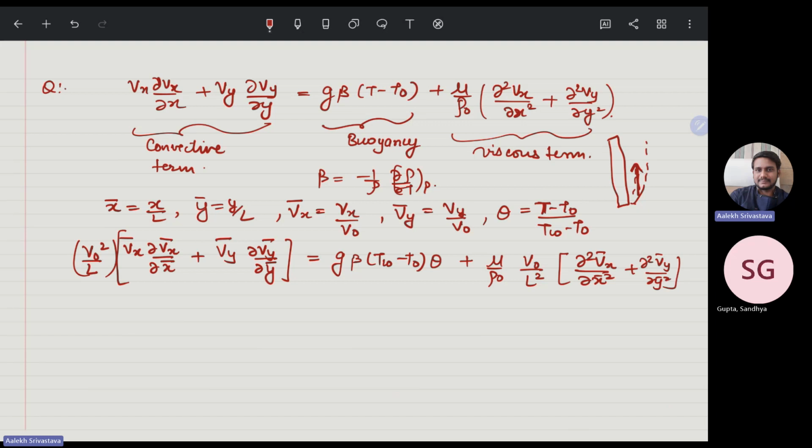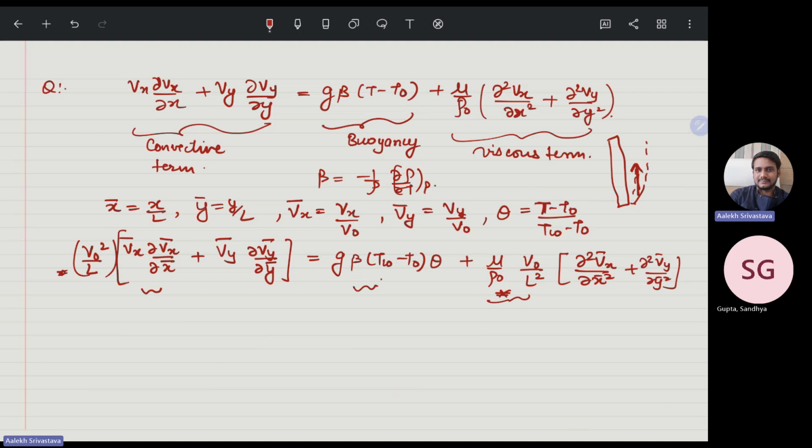So this is your convective term, this is your convective term, this is your buoyancy term, and this is your viscous term with its coefficients.